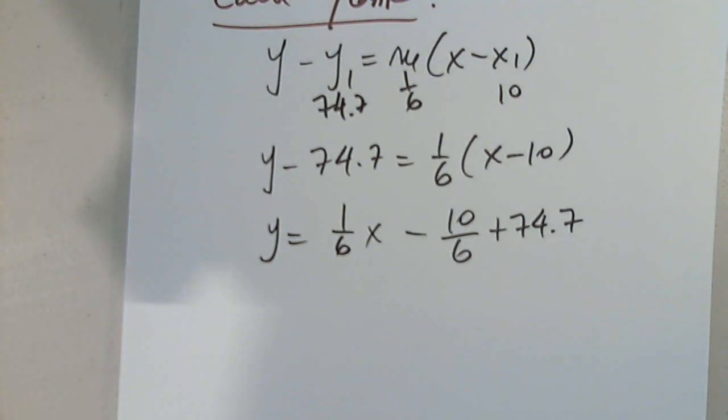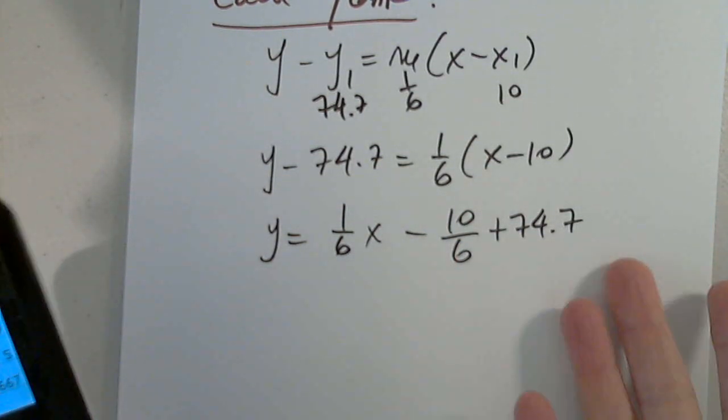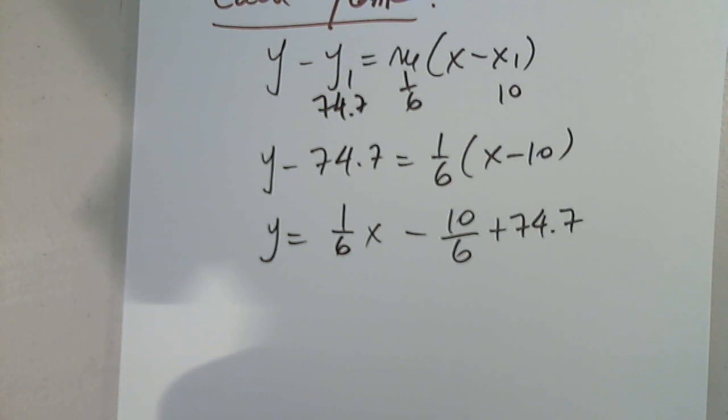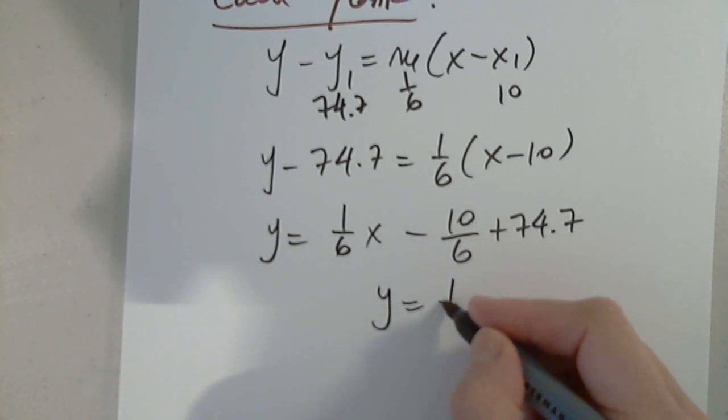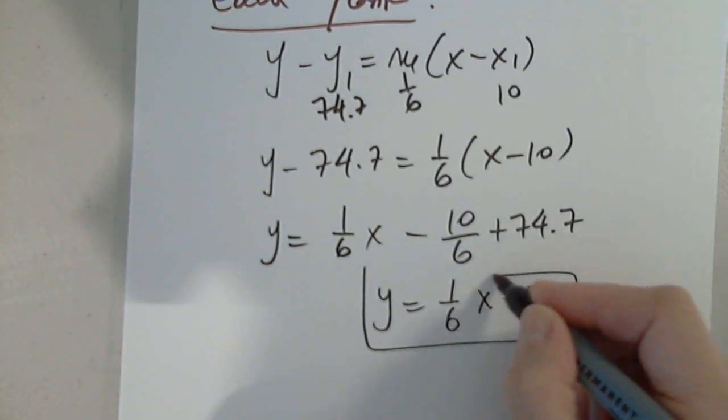And we need to approximate that. Because it's 1/6, it can stay, but here I really have to approximate. I don't like approximating, to tell you the truth, but so minus 10 divided by 6 is roughly 73. So y equals 1/6 x plus 73.